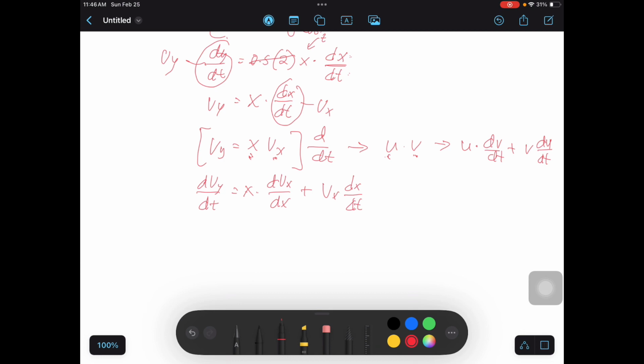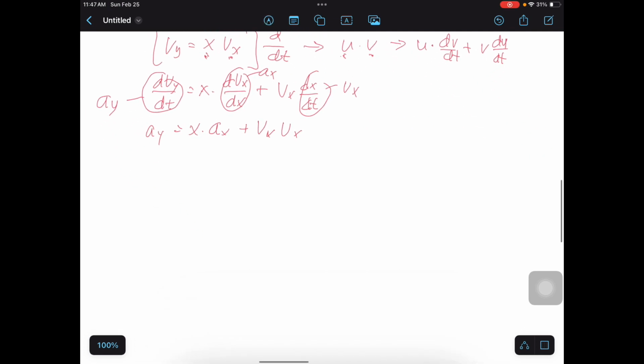So let's simplify. This is your acceleration along y equals x times ax, the second derivative. When you derive vx, that is ax. So, x times ax, then vx, and this is also vx. So, vx times vx there. Now, we don't have values yet.